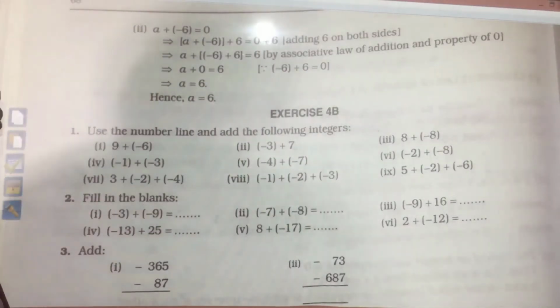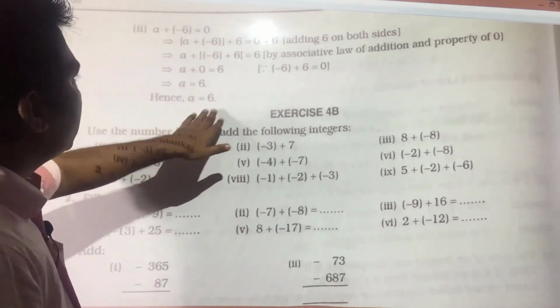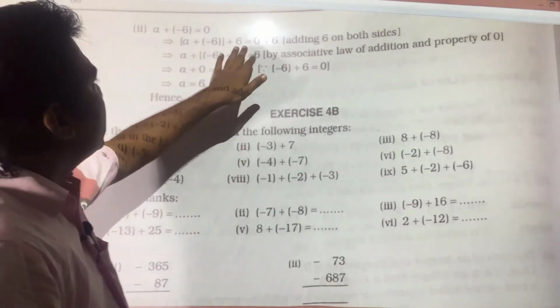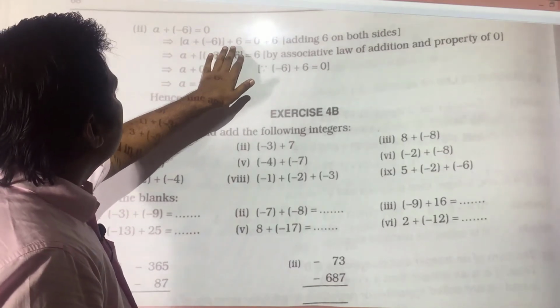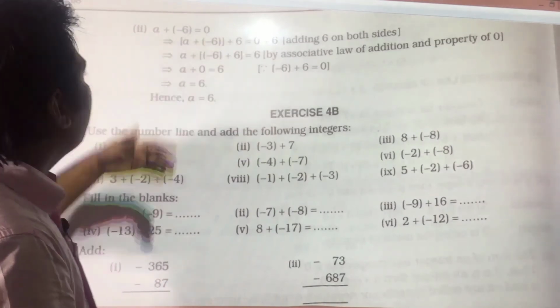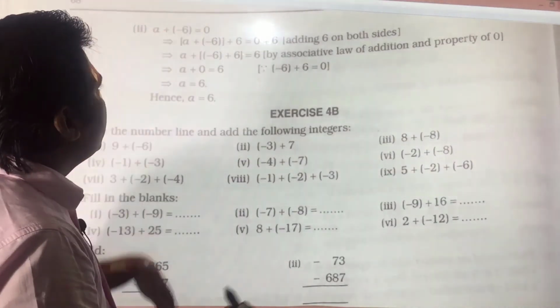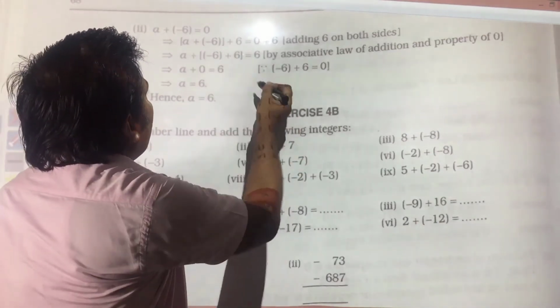Then we have one more example, a plus minus 6, so the same thing is there. So a plus minus 6 plus 6 is equal to 0 plus 6, or in this way you can do, but that was better. As I said, the additive inverse of this we need to find out. Or in this way also you can do.